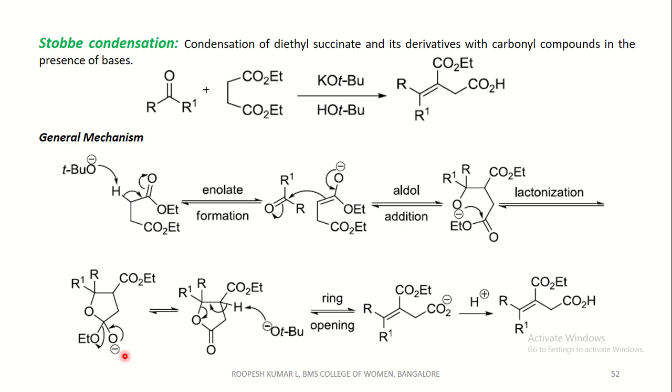And again, with the elimination of an ethoxide molecule, we get the corresponding lactone ring. Again, one more equivalent of base is used to abstract the proton to form a ring opening structure. The double bond is inserted here, and again on workup using acid, we get the corresponding olefin.